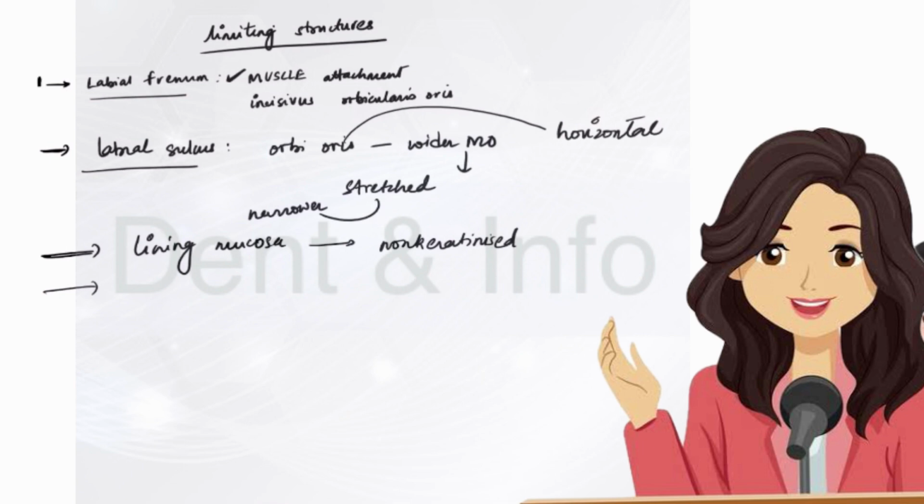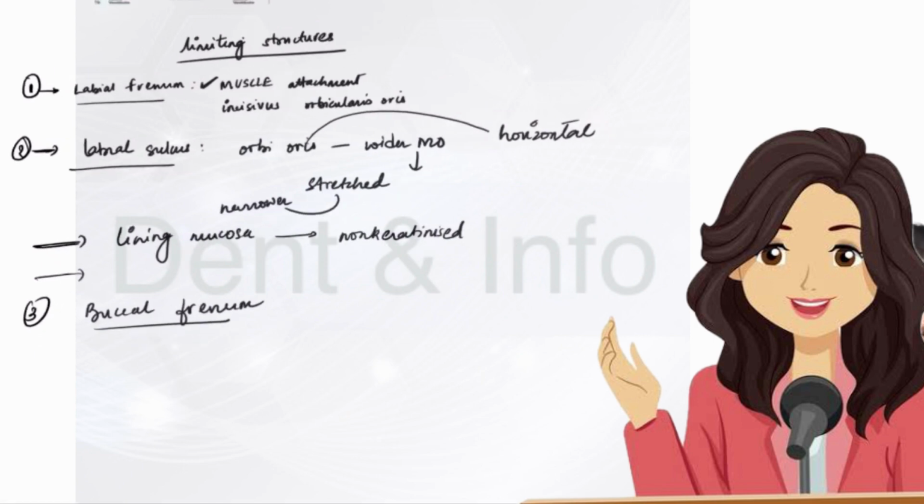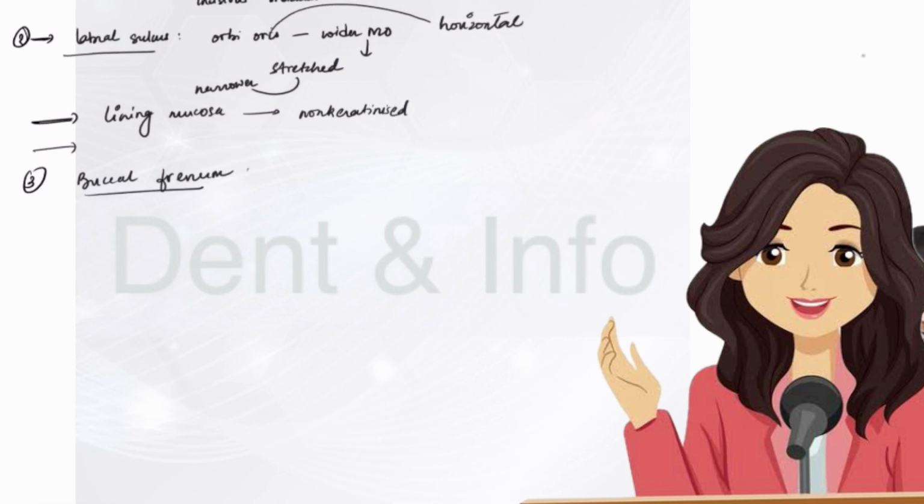Coming to now, this was our first one. This was our second one. Coming to the third one is our buccal frenum. We are just discussing the points of difference now from your maxilla. Buccal frenum, similar 3 points of attachment. Posterior will be your buccinator. Anterior will be your orbicularis oris.